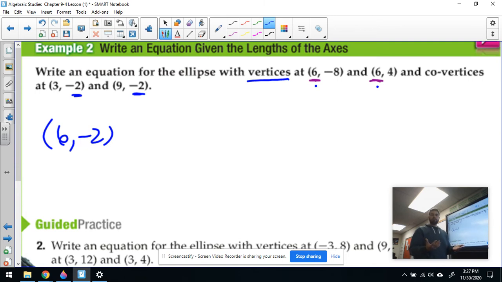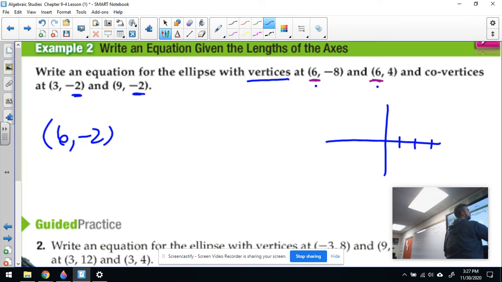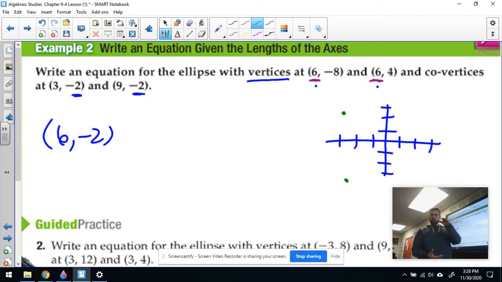The way I know is, let's say we graph this. Let's say the x stays the same, this goes by 2s and this is 6, so going up by 2s is here, and going down it's here. You'll notice the two points I graphed are right on top of each other, and they are longer. That's the major axis. Our minor axis is at 3, -2 and 9, -2, so down here.